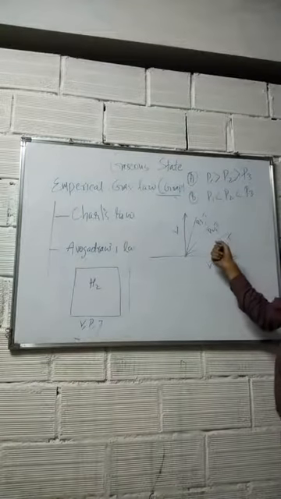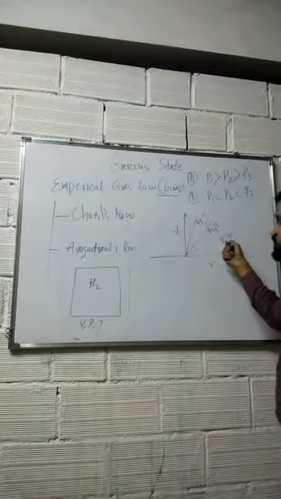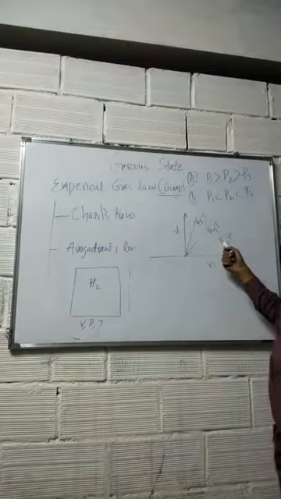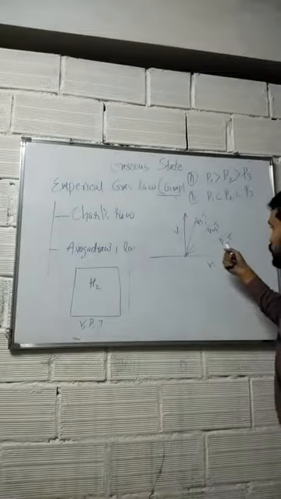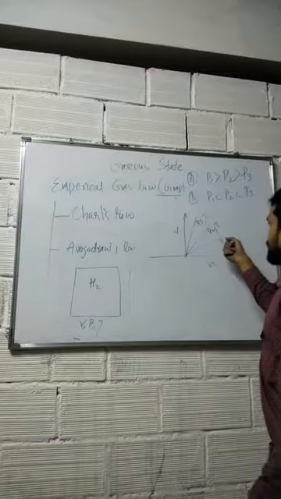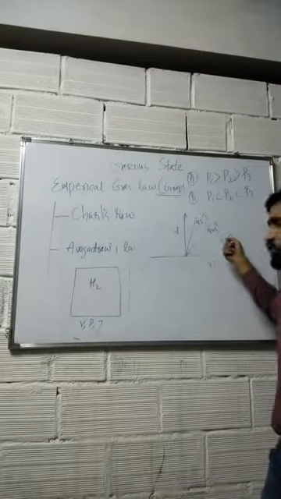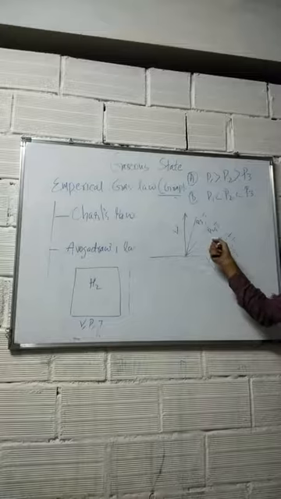So these are different isobars as well as isotherms, at constant pressure and constant temperature. Here I kept the temperature constant everywhere and defined P1, P2, P3.